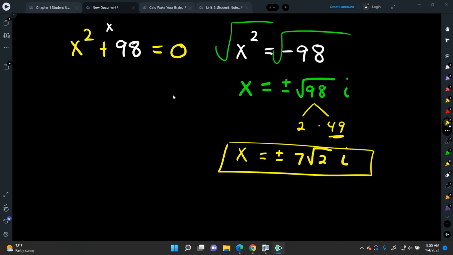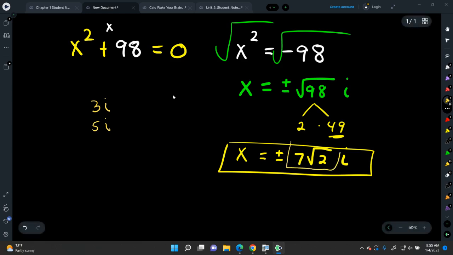When we're talking about complex numbers, the i should always be at the end. So if it was like 3i or 5i. The real number part is the 7 square root of 2, so the i should come afterwards. Now, sometimes we will see it written like this.